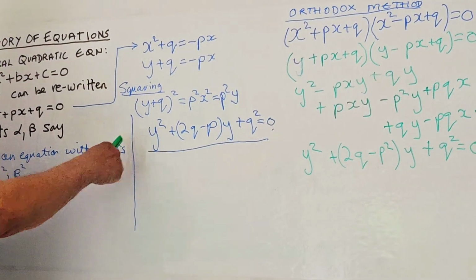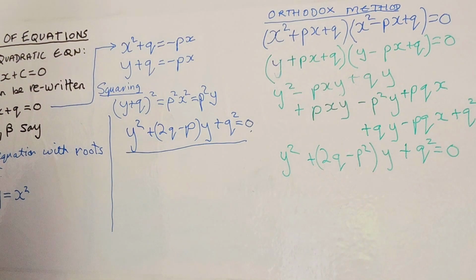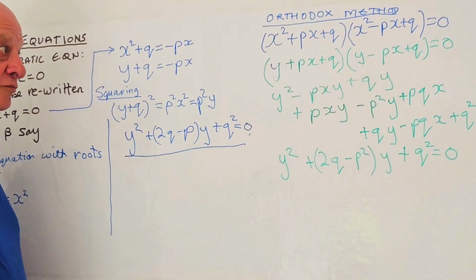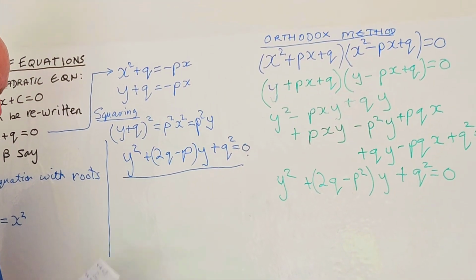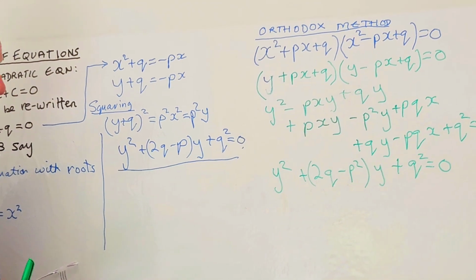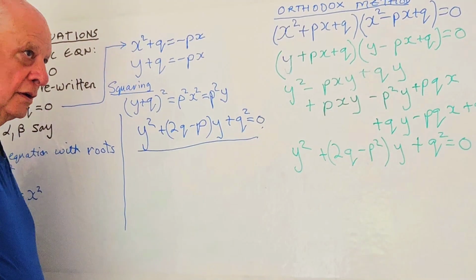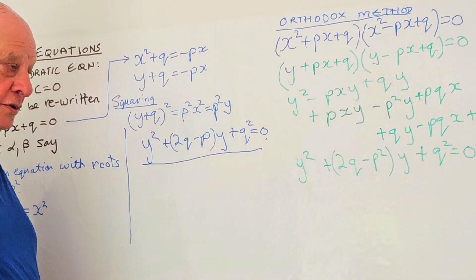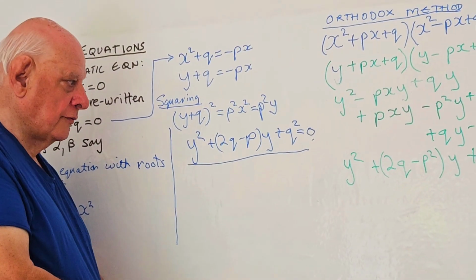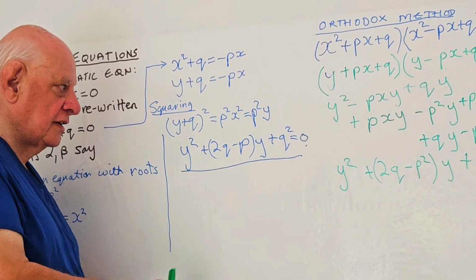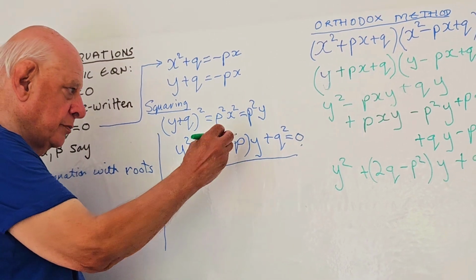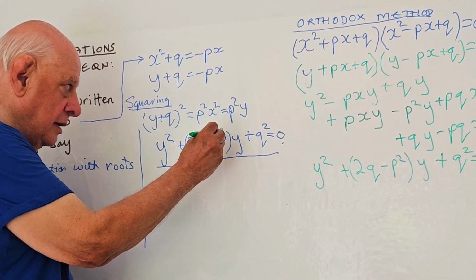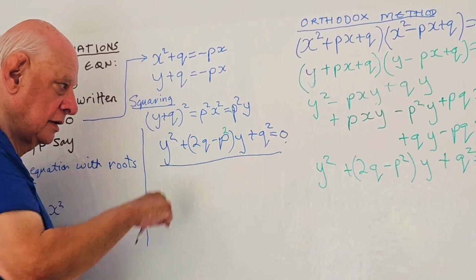I prefer this method because it's quicker, no other reason, all right? But if you forget what to do in an exam and you're panicking, you can always fall back on that. It takes a little bit longer, but it gets you there in the end. I have to apologize because I made a slight slip over here. That should be a p squared, as it was there, and not a p.